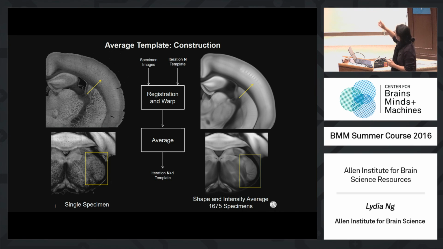But once you have registered everything to this first Nissl and averaged, that becomes our first average template. It now has the same intensity as the autofluorescent, and then you iterate that again. And each time you do that, your average gets clearer and clearer.